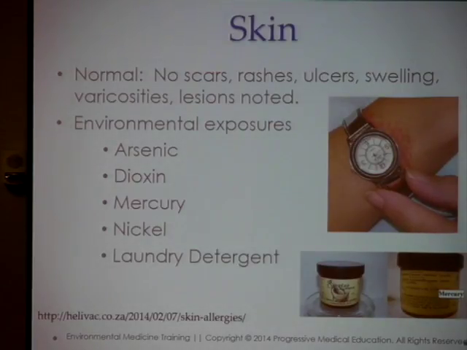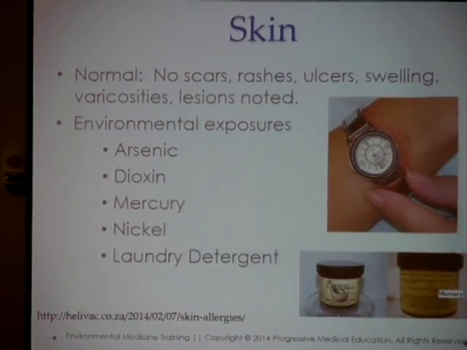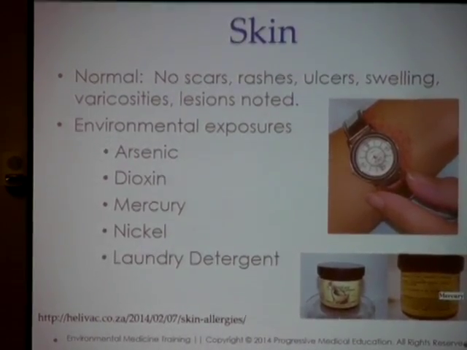So that's something you would have to look at too. Laundry detergent is also common, where a lot of individuals will find that certain laundry detergents will not work for them, even though they're considered organic and natural. So we have to ask about a lot of things in the patient's life that could be affecting their health.